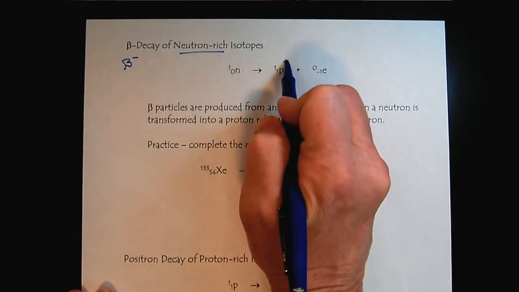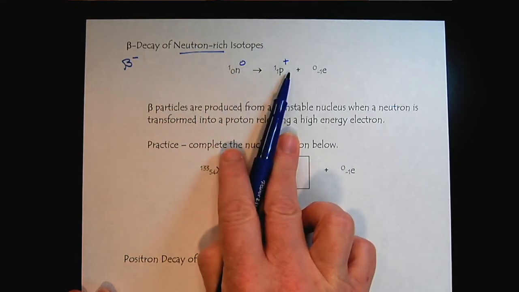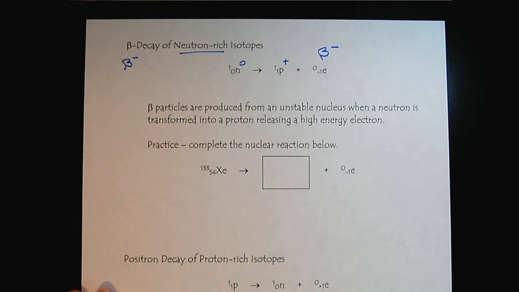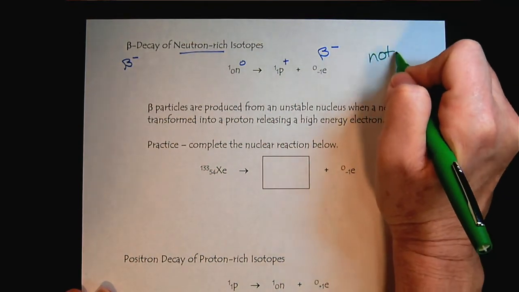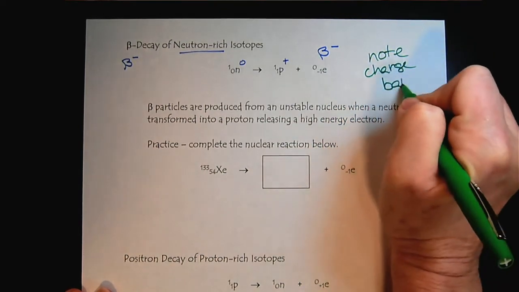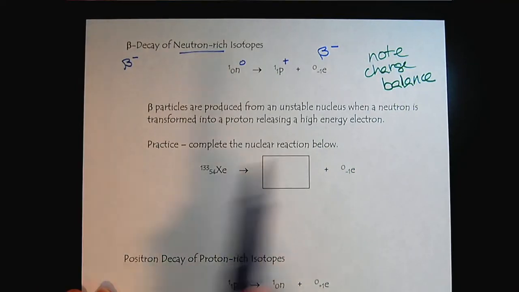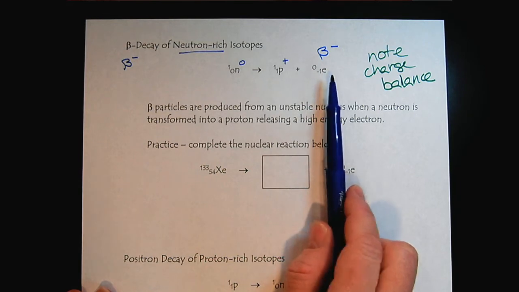If we think about the charges, neutrons are neutral, protons have a positive charge, so then there's our beta with the minus. So we can note the charge balance.